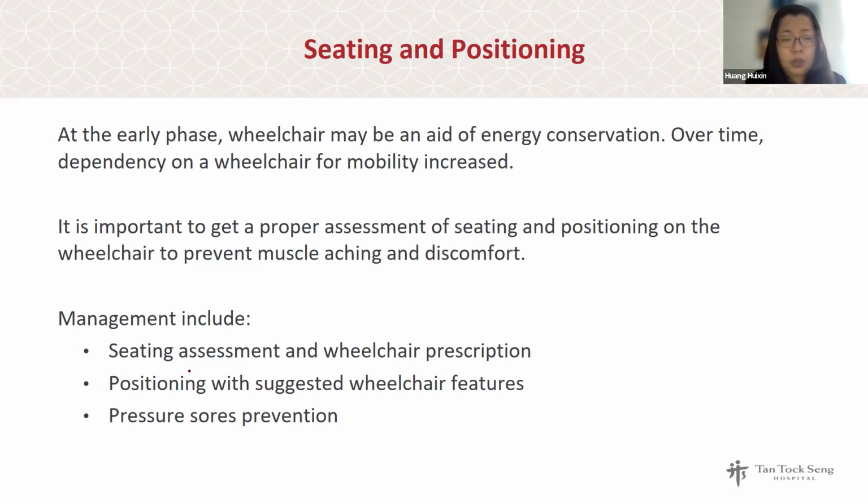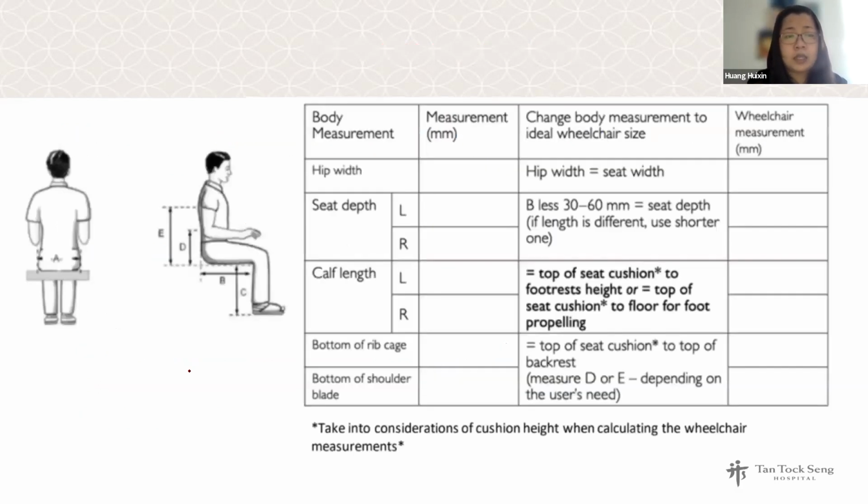And what we do is look at their sitting assessment, whereby for MND patients, what is important to us is that we need to get the right wheelchair. How do we define the right wheelchair? We need to make sure that the seat width, the hip width, is appropriate.